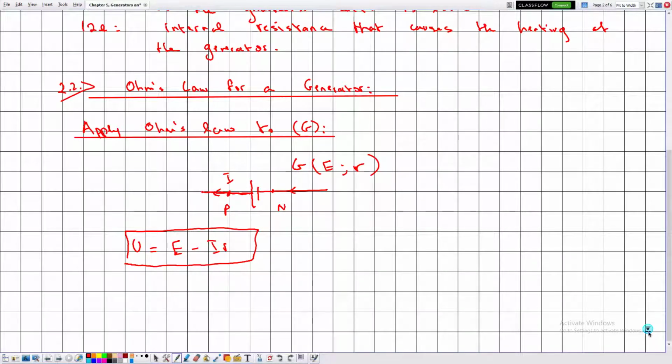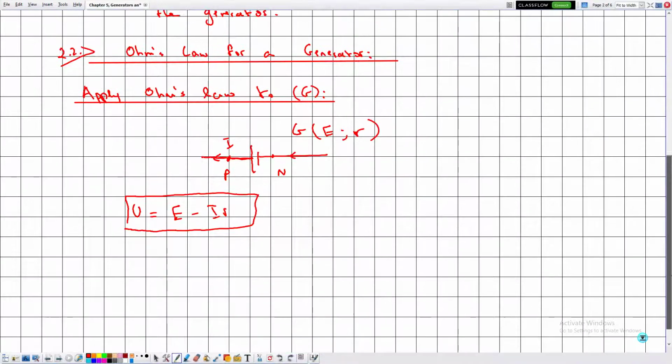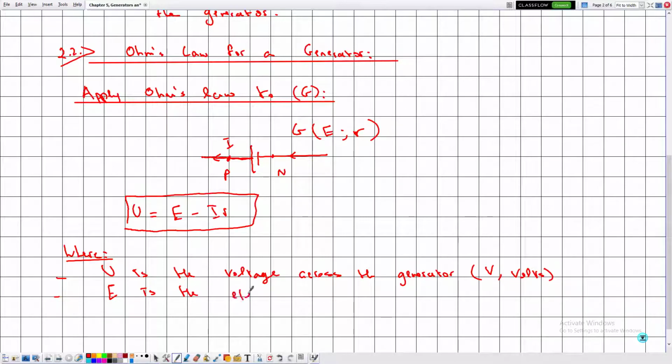Then let me say here, where U is the voltage across the generator, and V for volts is its SI unit. E is the electromotive force, and it is also expressed in volts.